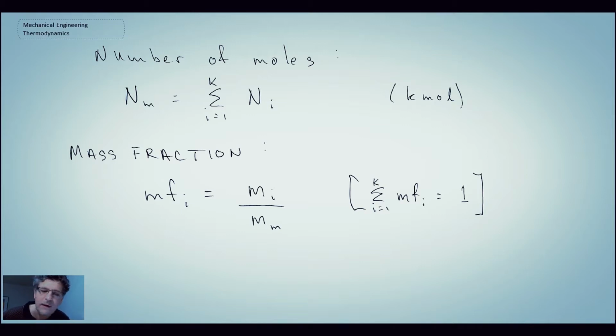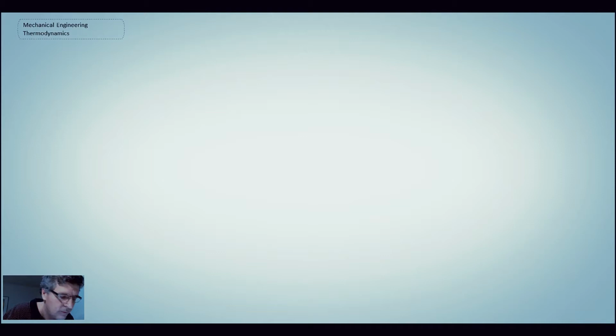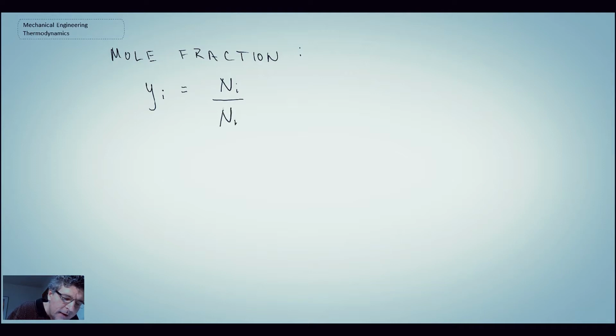In a similar way, we also have another term, and it is called the mole fraction. Mole fraction is given the symbol little y, subscript i, to indicate each of the individual components. That would be the number of moles of an individual component in the mixture divided by the total number of moles in the mixture.